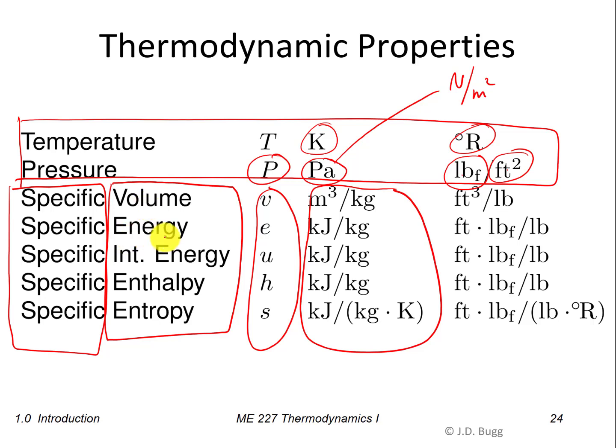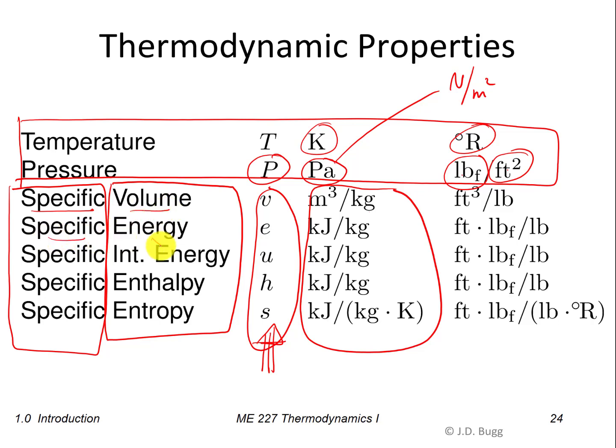Energy divided by the mass is the specific energy, etc. So the units are now meters cubed per kilogram, kilojoules per kilogram, etc. So the significance of the lowercase letter is that it's that property on a per unit mass basis. And in the name, that's reflected by saying specific volume, specific energy, etc.